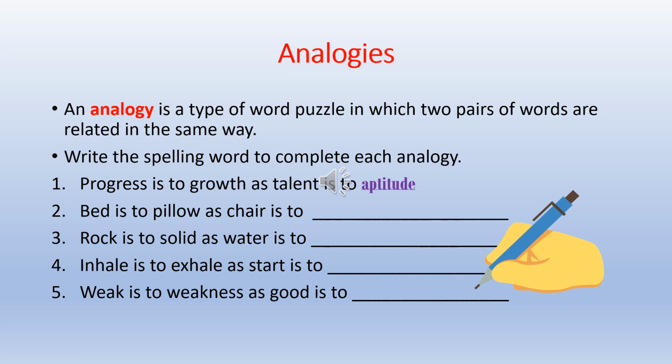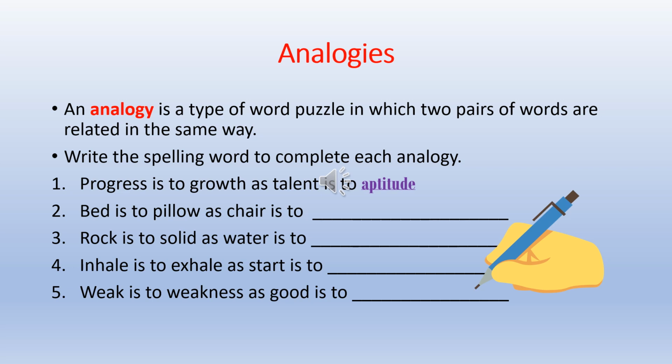Number 4, enel is to excel as a star is to. Enel and excel is going to be the same relation that a star is going to have for the word that we are missing. In this case, the answer is going to be conclude.